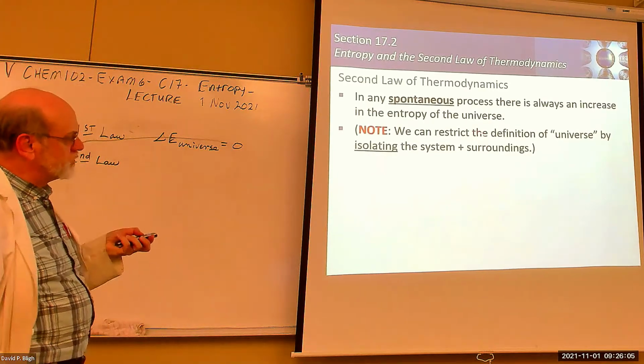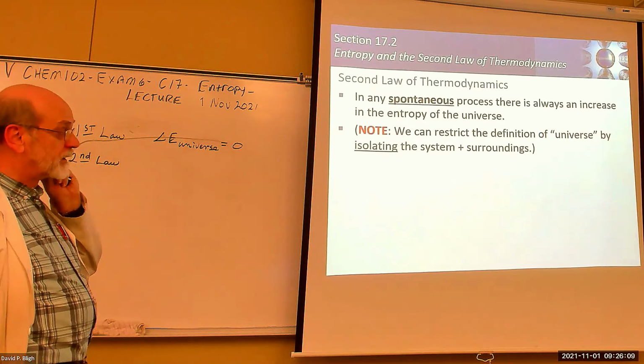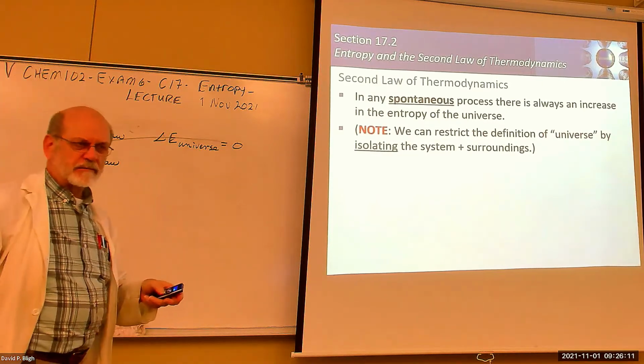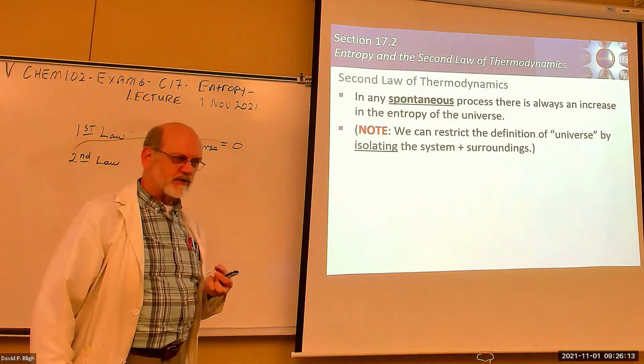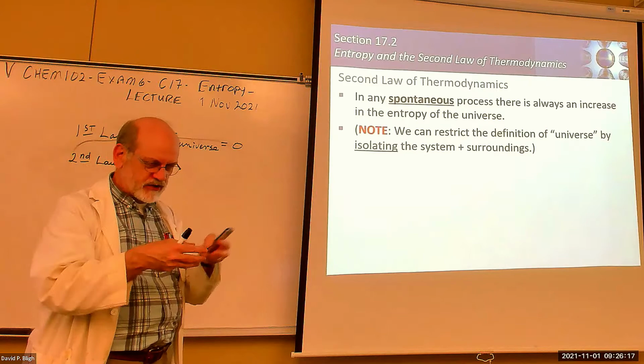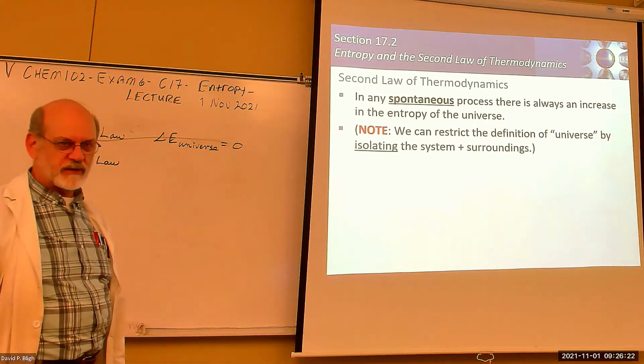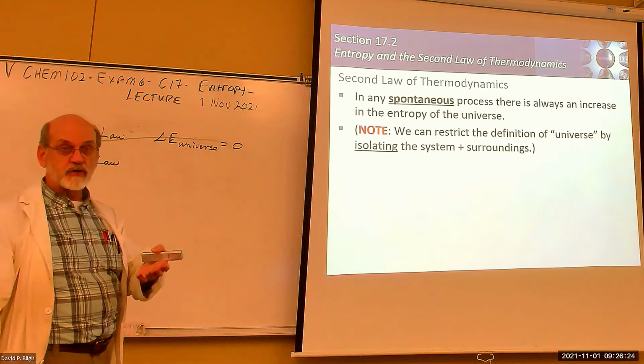So that's why I said you can restrict the definition of the universe by isolating the system and surroundings. I think the authors of the textbook tend to conflate the whole universe with this isolated universe, and that's dangerous. So I try to differentiate between those two, especially in review problems.